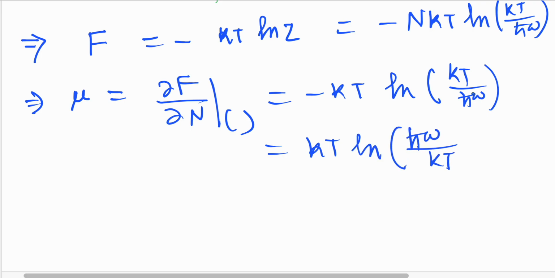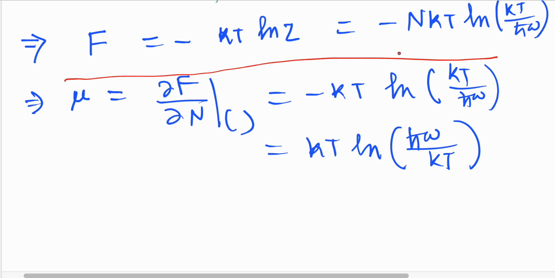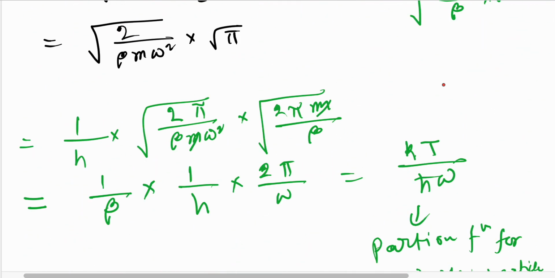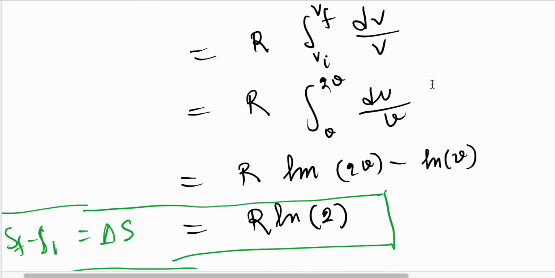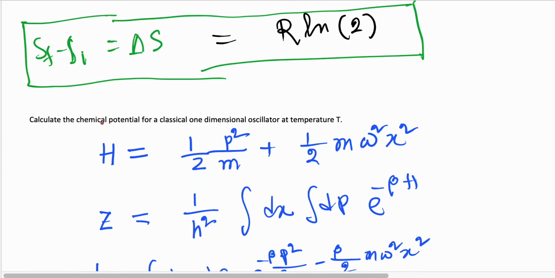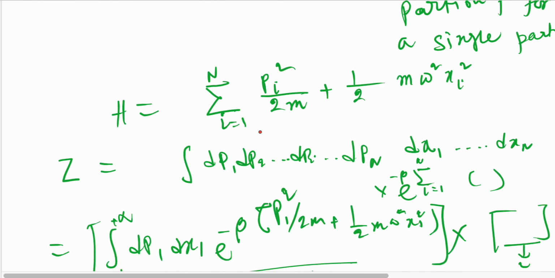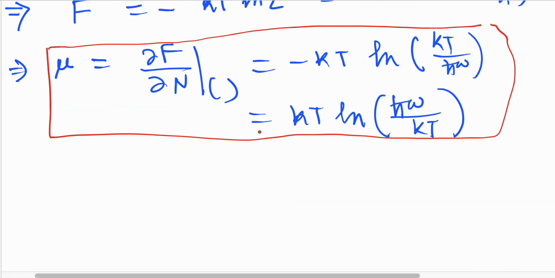I absorb this negative and just write it as ħω/kT. So this is the chemical potential for a classical one-dimensional oscillator at temperature T. So that's it, we have solved this problem.